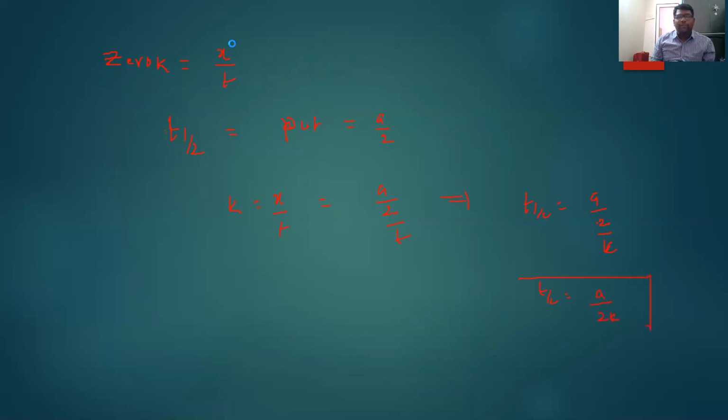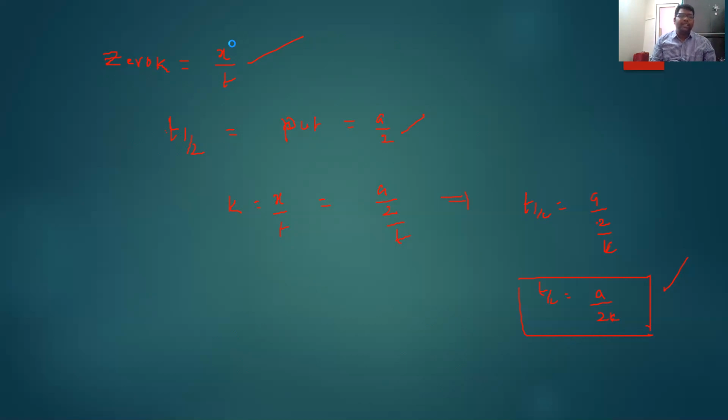This is the half-life time of the zero order reaction. If I put x is equal to a by 2, then t half of a zero order reaction is equal to a by 2K.